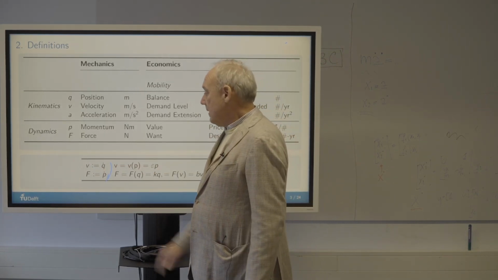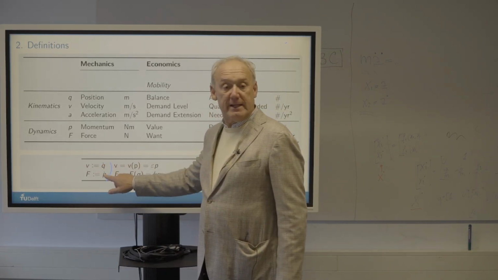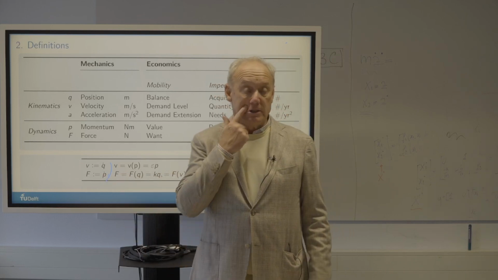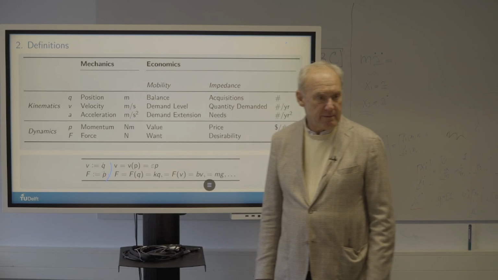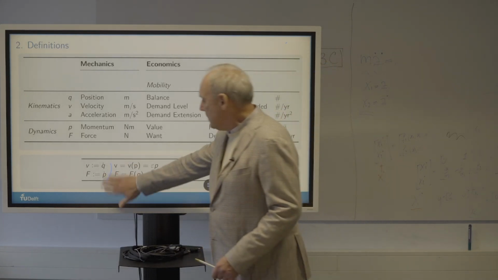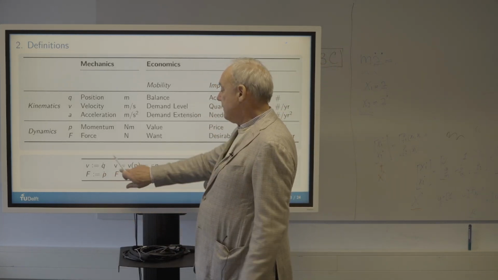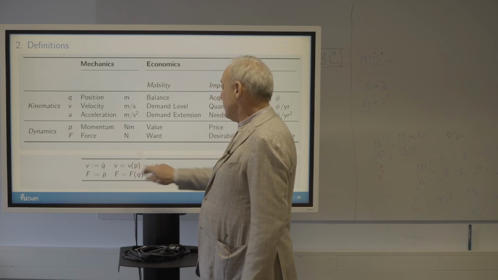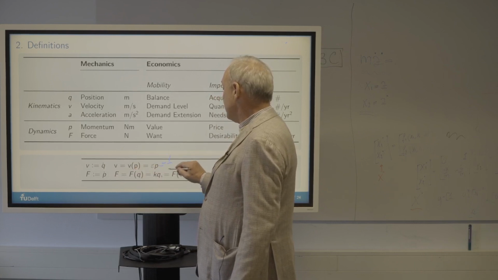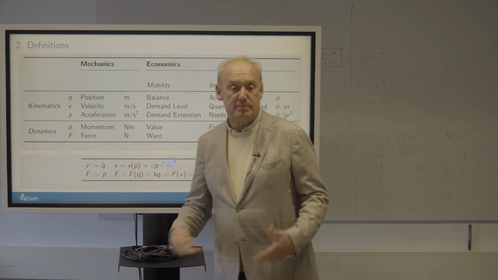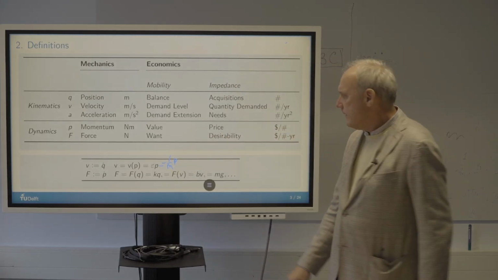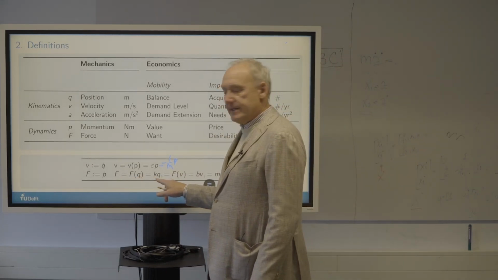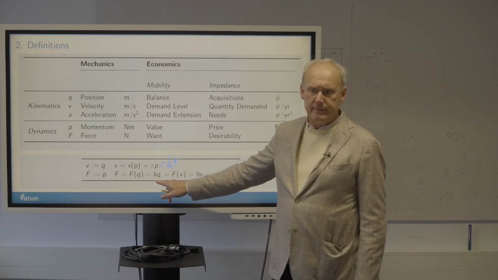And the velocity depends on the momentum. That is what Newton's law does, the definition of momentum P as m times v. So the velocity is 1 over m times P. This is the extra thing we do. And this one, you can say, is the spring law.